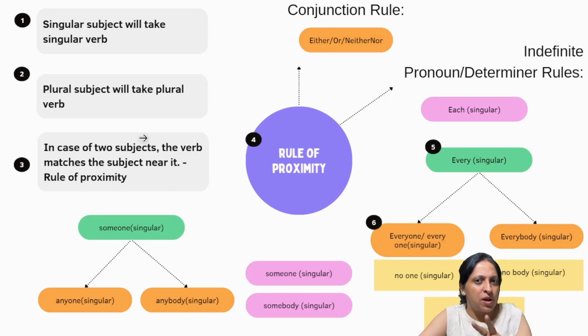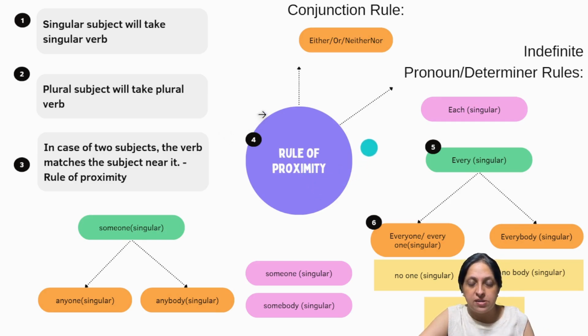In case there are two subjects and one of the subjects is plural, then the verb will become plural, and that plural subject will be placed near the plural verb. So this is called the rule of proximity. Let's see where we follow this rule of proximity. In case of either-or, neither-nor, that is the conjunction rule. In case of indefinite pronouns and determiners also, we follow the rule of proximity.